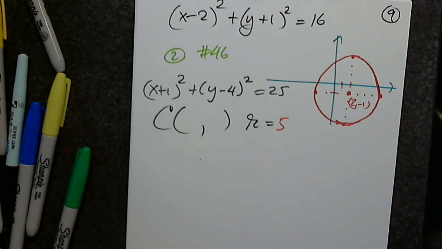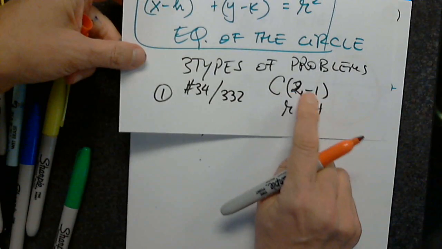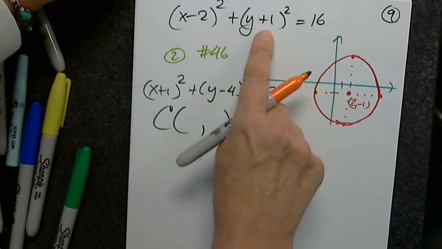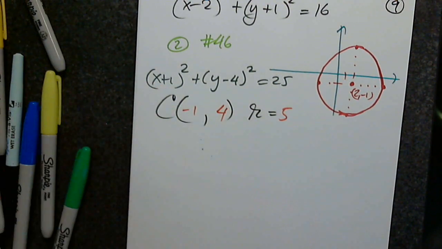Indeed, no question. The radius is 5 of this circle. But what will be the center? And always remember this: 2, -1. -2, +1. Very good. Very good. Any questions?